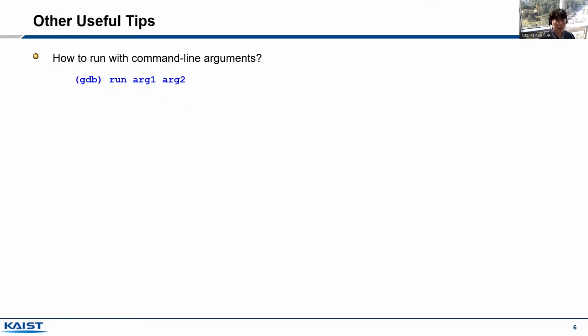So how can we run a program with command line arguments? There are several programs that try to get command line arguments. For that, you need to type run, and you can put the arguments that you want. For example, if you want to run the program with two arguments, arg1 and arg2, you can put run arg1 arg2, then your program will run with those command line arguments.